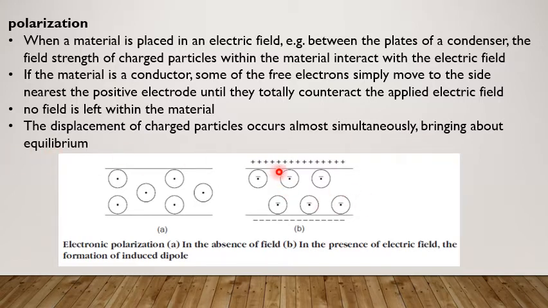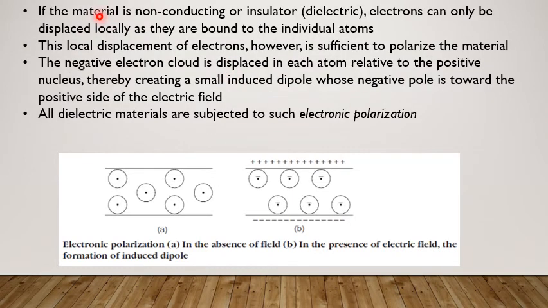Displacement of charged particles means that in a conductor, positive charges will move towards here and negative charges towards here, and there will be equilibrium between these movements. If the material is non-conducting, it is a dielectric material, an insulator. Electrons can only be displaced locally as they are bound to the individual atom.